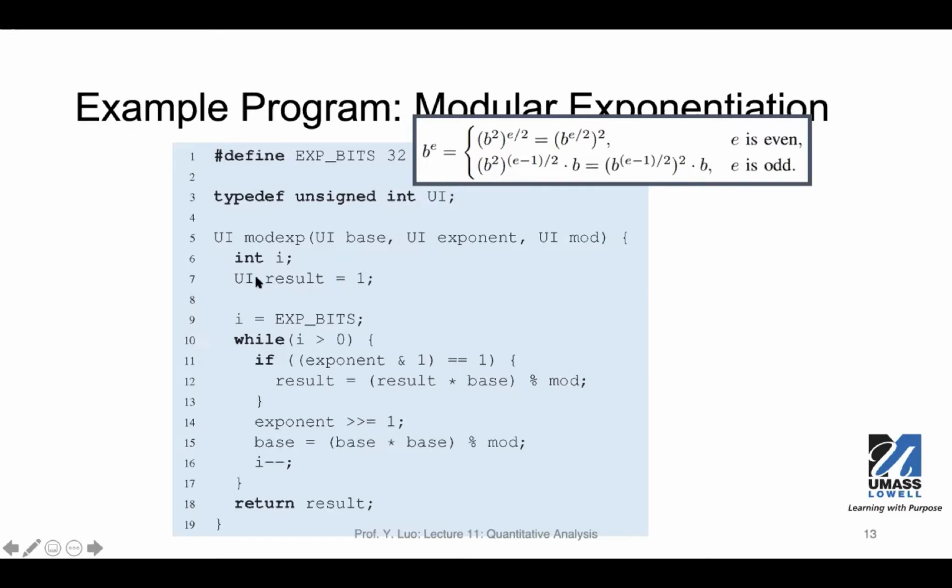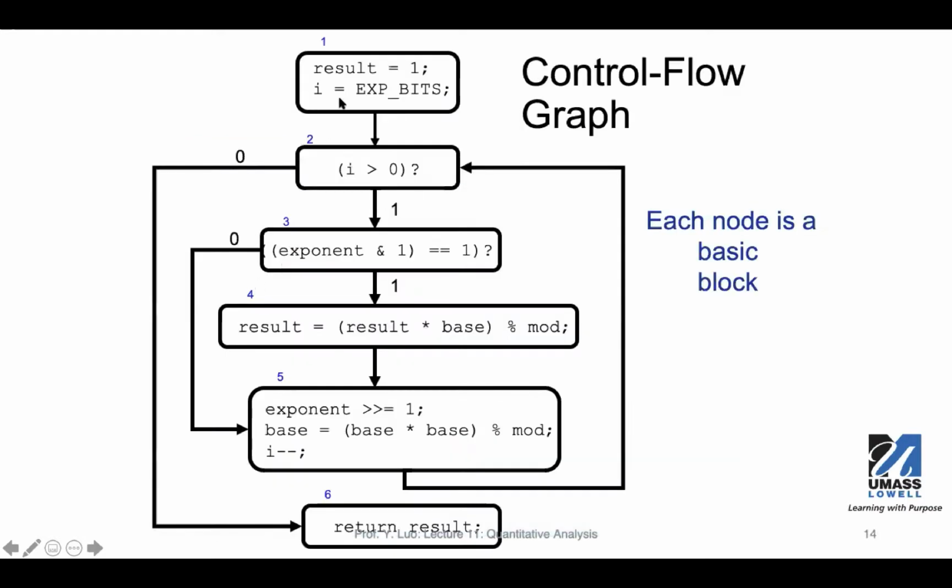And when we have this basic block, we can be sure that there's one entry point to this basic block, and one exit from this basic block. Then the while loop becomes this block, which checks whether I is greater than 0 or not.